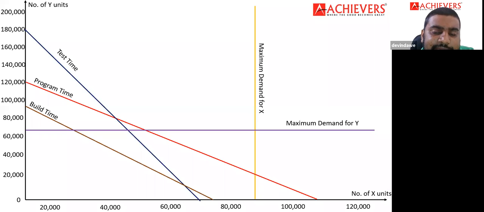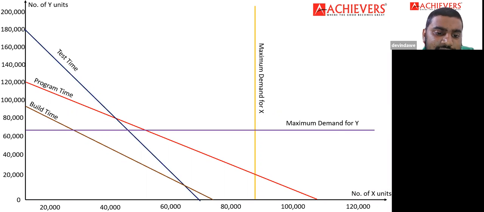Now, why is the feasible region important to us? Because, guys, the optimum production point is inside this feasible region, right? The optimum production point, or the profit maximizing production point, is inside this feasible region. Therefore, the feasible region is very important to us, right? What is the feasible region?